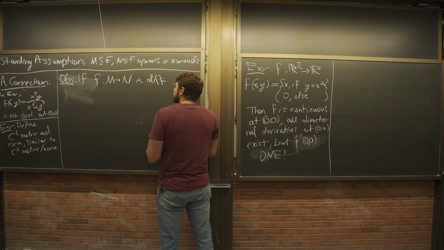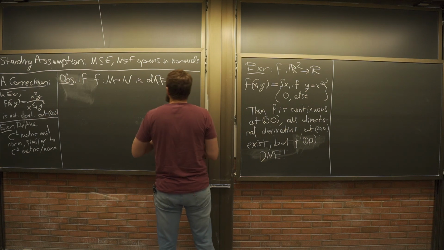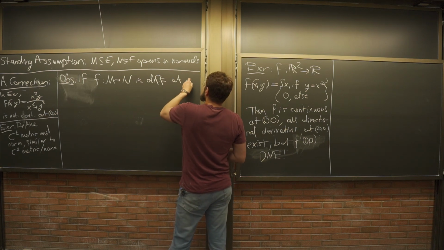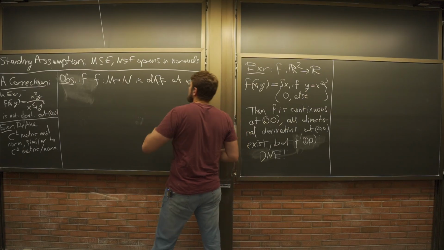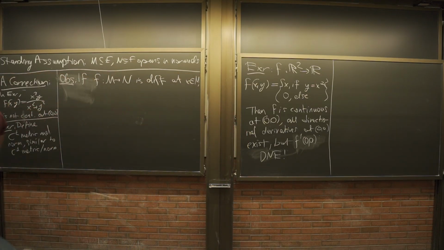So f prime of x exists at x. And let's also say that E and F are spaces of tuples.